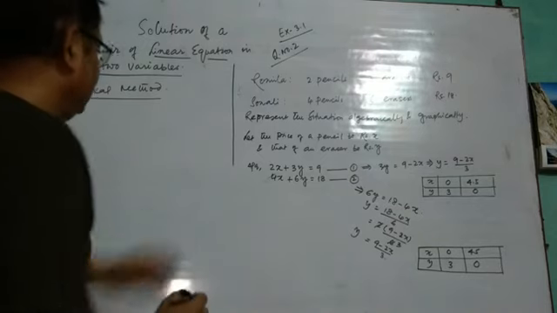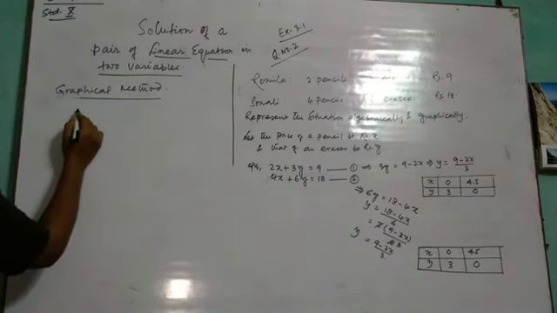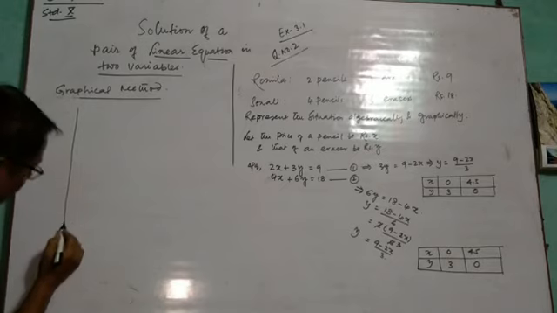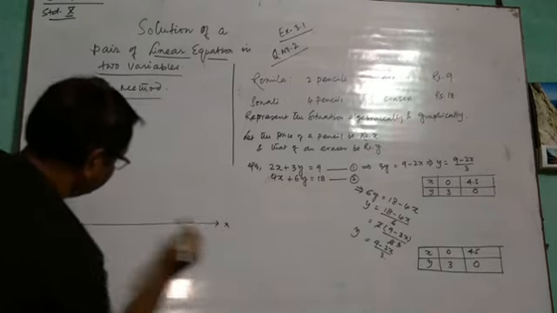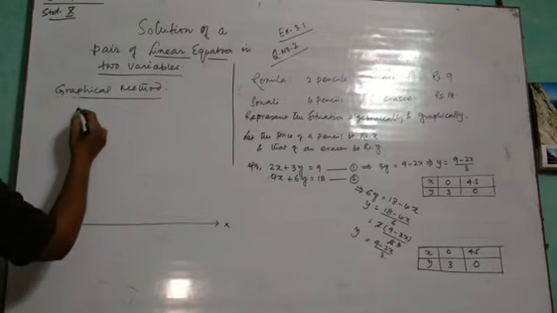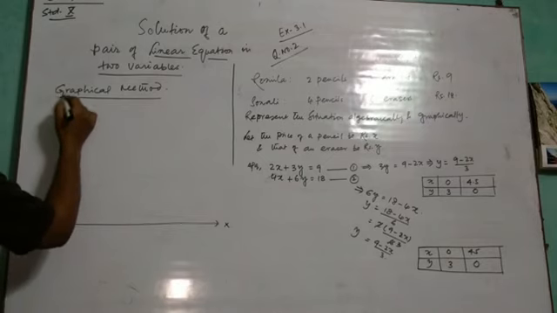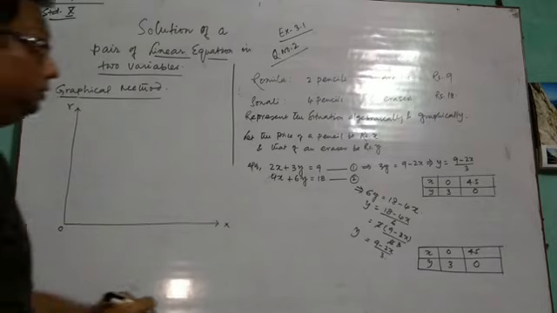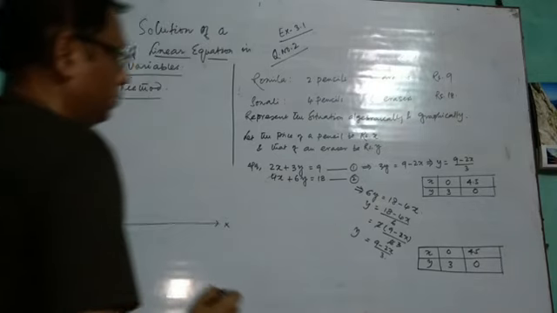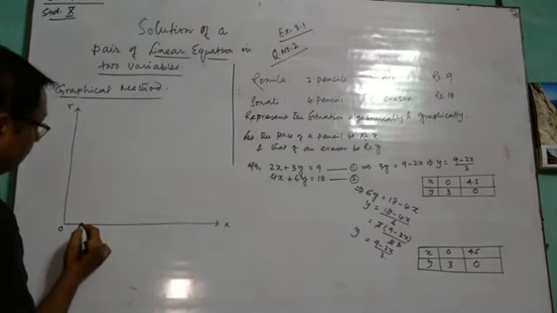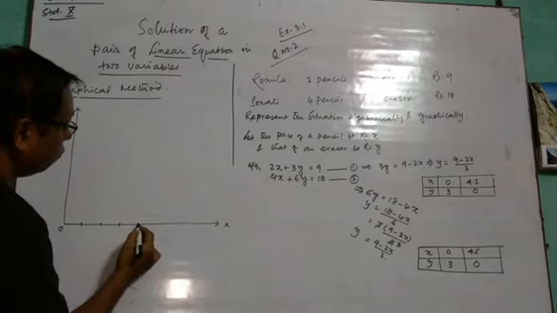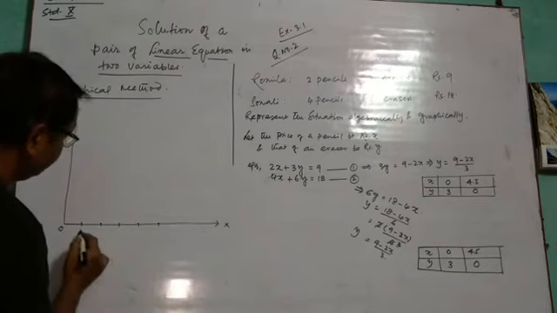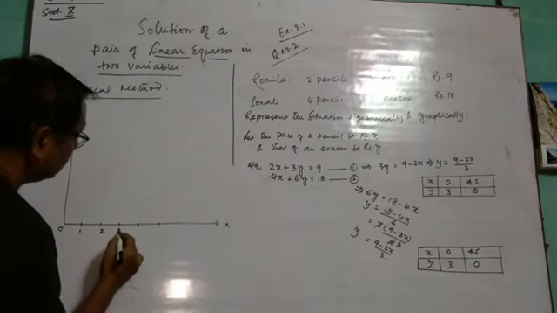Now let me draw it. This one is the y-axis, this one is the x-axis. This is 1, 2, 3, 4 and 5 along the x-axis, and along the y-axis 0, 1, 2, 3.